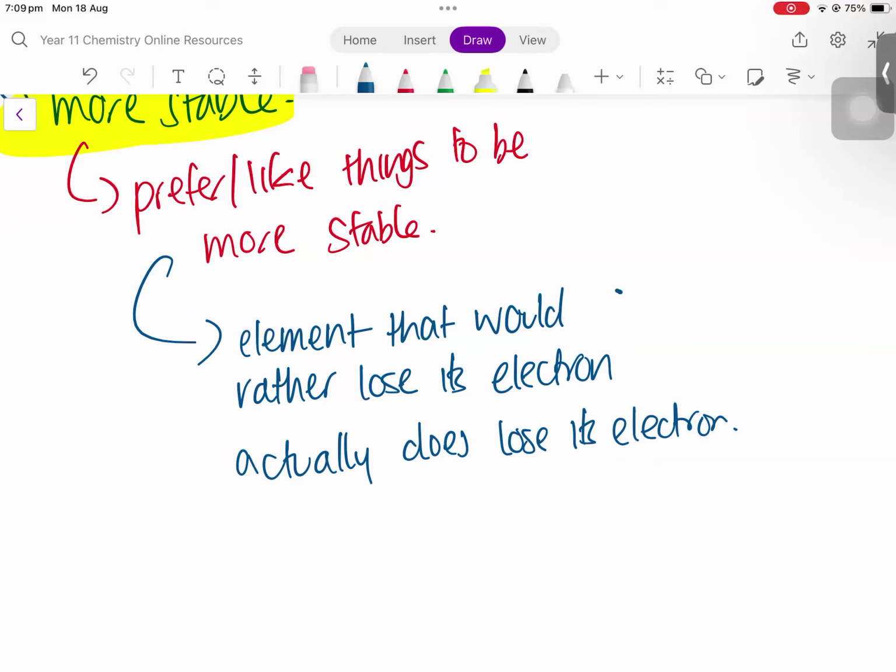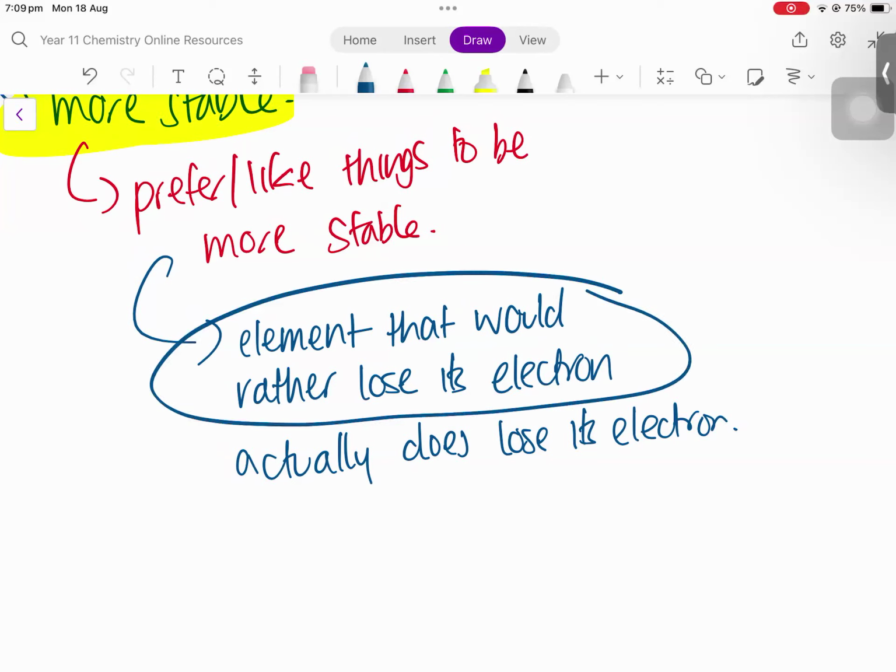Now relate this back, because at the moment we're only talking about this conceptually. I have to relate this back to the graph. The element that would rather lose its electron. The graph was about first ionization energy. The question is this: the element that would rather lose its electron, is that the one that has the lower first ionization energy or the higher first ionization energy?